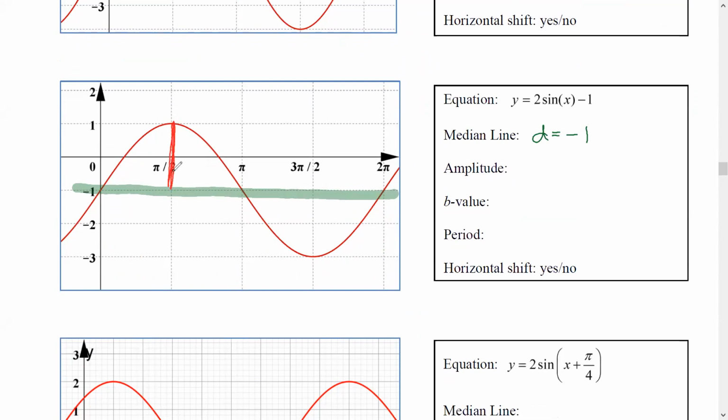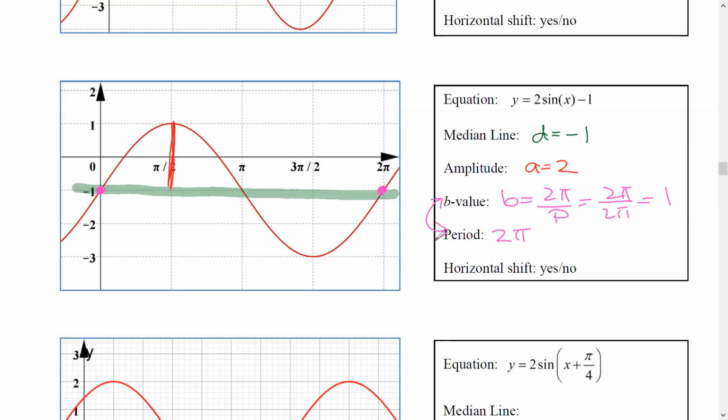That's my amplitude. Then I find my period. My period is how long it takes to repeat. So there to there, that's 2 pi. So B is 2 pi over P, which is 2 pi over 2 pi, which is 1. I should reverse these things in your books.